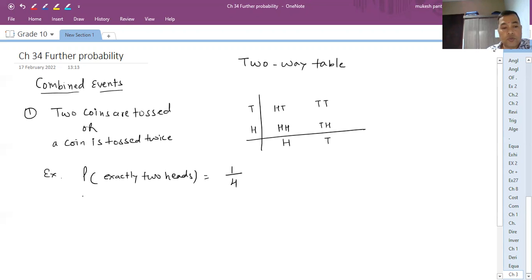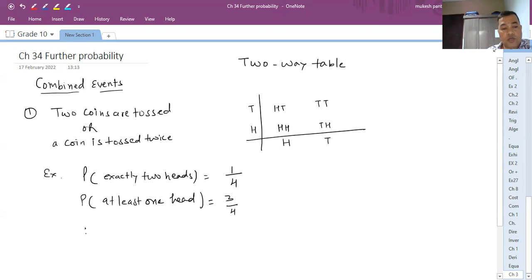Suppose we have to find the probability of at least one head. There are three outcomes in which at least one head is coming: 1, 2, 3. So there are three favorable outcomes over the total number of outcomes.